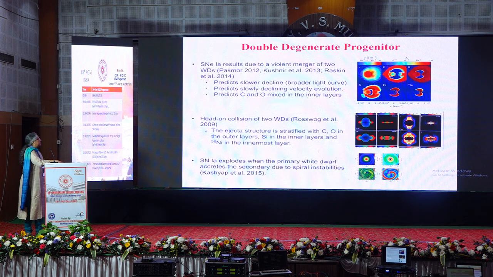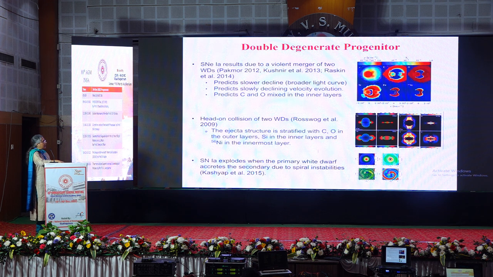The double degenerate progenitors, again here there are different kinds of models which indicate the kind of mergers which can happen. One is a violent merger of the two white dwarfs. These models predict slow decline, which essentially means a broader light curve.